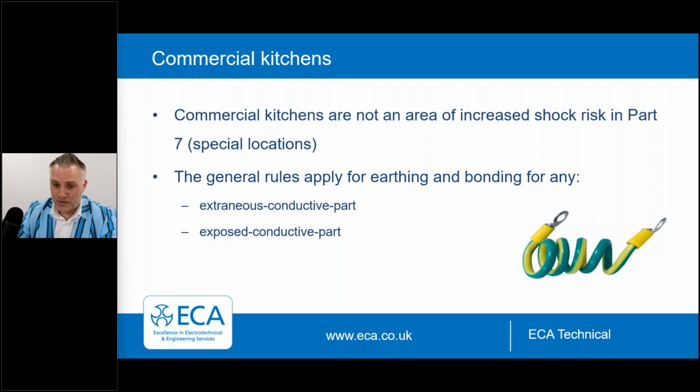So if you've got those extraneous services, gas, water, waste, air, any of those sort of services coming in through the ground, then they will just need bonding like any other extraneous service. And again, any exposed conductive parts will again require bonding, and exposed conductive parts tend to be taken care of by the CPC of the equipment.